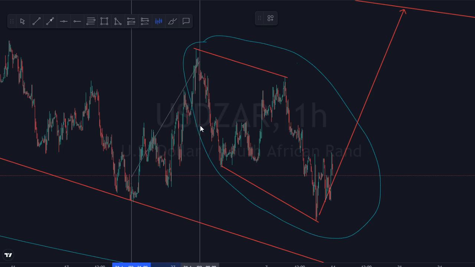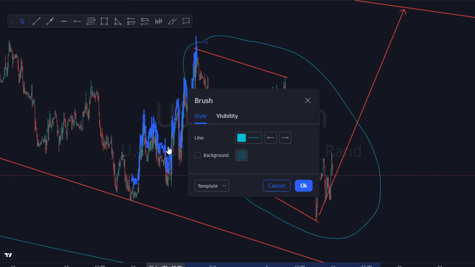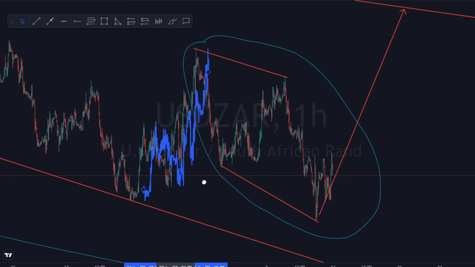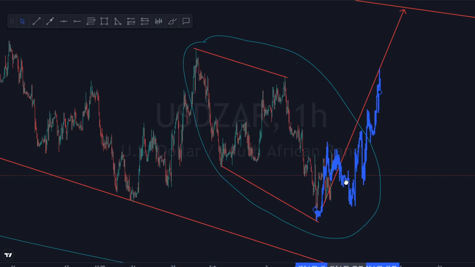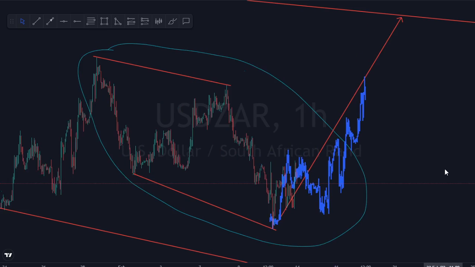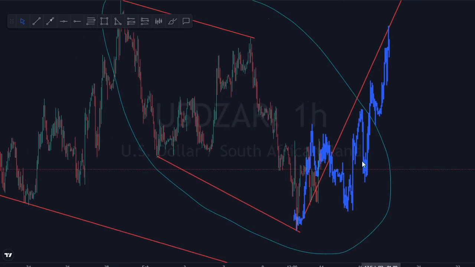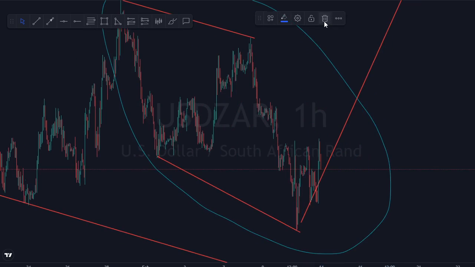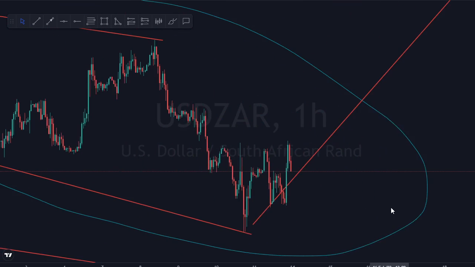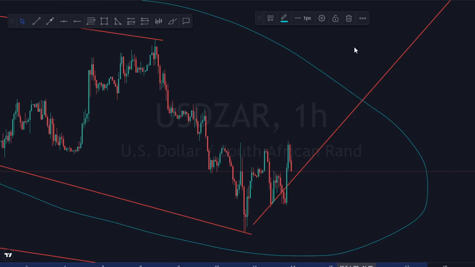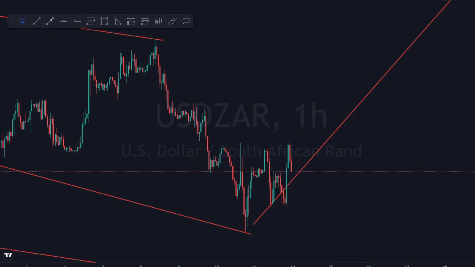Because of this impulse up, looking to catch buys all the way until the upside, guys. So at the current moment, let me just get rid of this so that it does not confuse us.